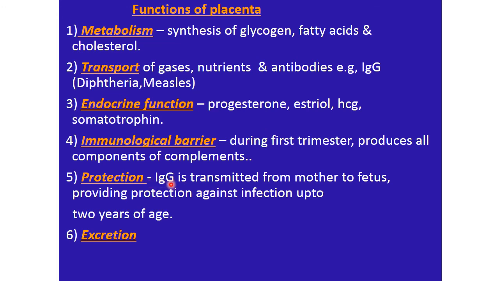Then IgG, which is transmitted from the mother to the fetus, provides protection against many infectious diseases to the fetus, and later on during childhood up to 2 years of age. And excretion is another function, by which the waste products and the carbon dioxide present in the fetal blood are transmitted from the fetal blood to the maternal blood and later on excreted by the mother's urinary system.